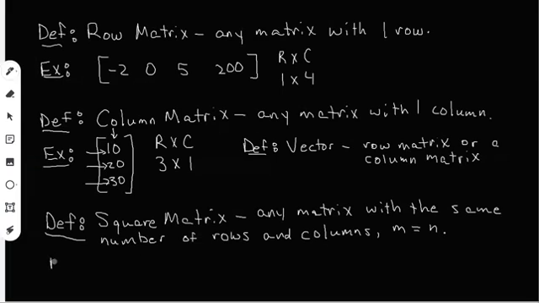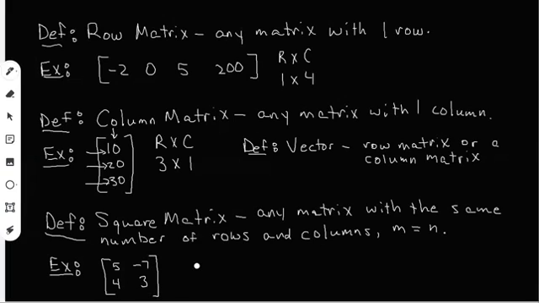So let's do a quick example of what a square matrix is. Here's a good one. Let's say 5, -7, 4, 3. This would be a square matrix.